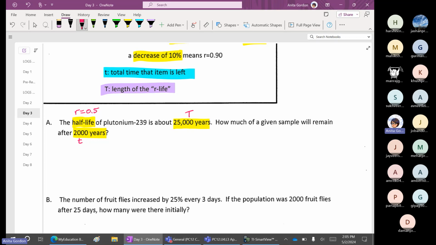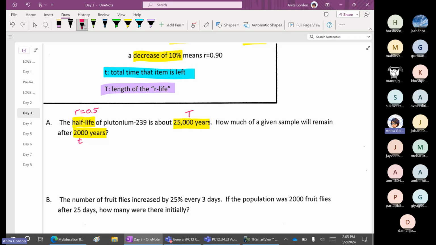Now, you will notice here it's not giving us an initial amount of plutonium. So we are going to assume that we have a sample of 1 unit, 100% pure plutonium, and it's going to decay, and we want to know how much percent is left after 2000 years.